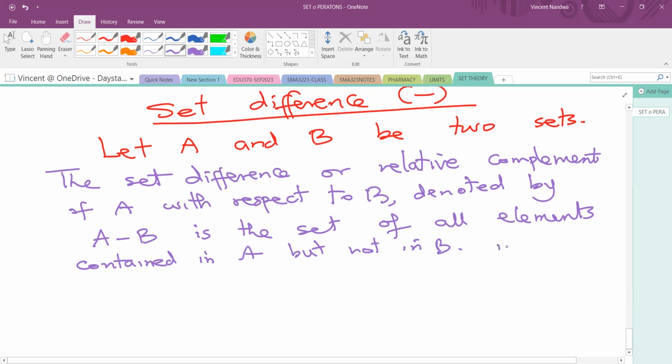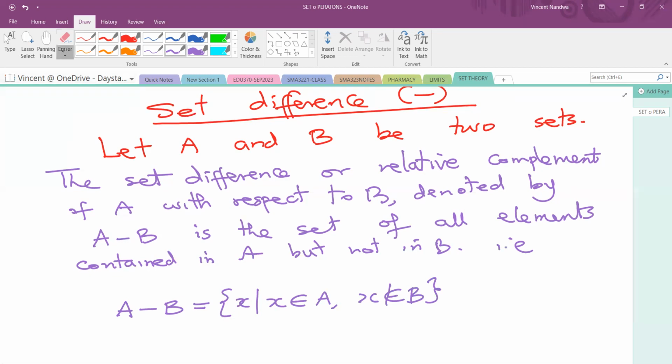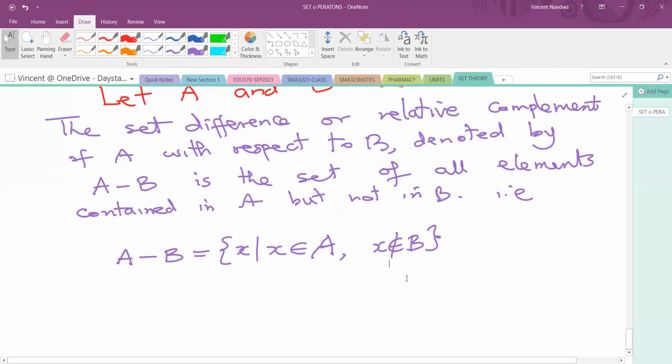So if we want to be more technical, then we can say A minus B is the set of all elements X such that X belongs to A and X does not belong to B. So it means you must be in the first set, but not in the second set.